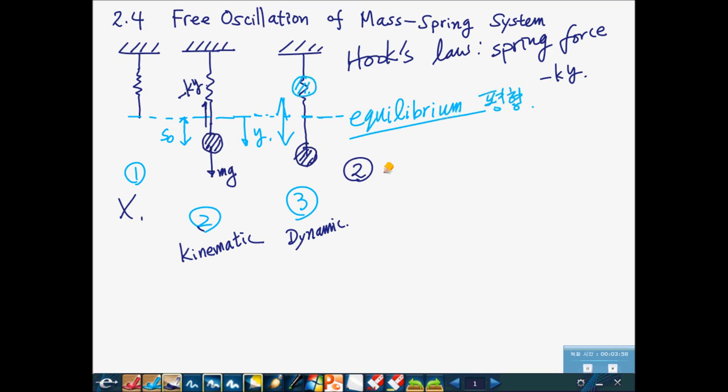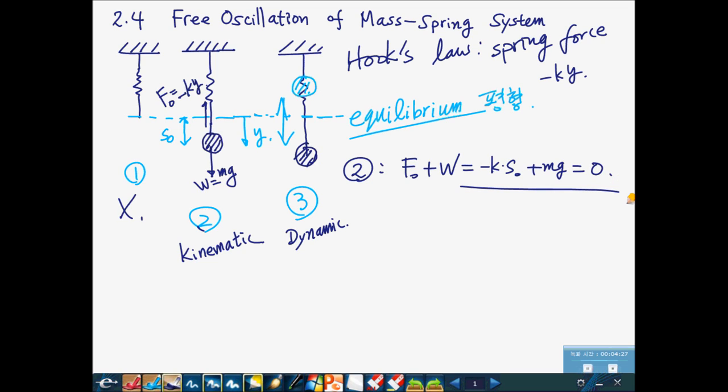Okay? So for the second state, the system is in equilibrium, which is, the spring force F naught is minus ky, let's say. Then F naught plus W, which is weight, mg, okay? W is mg. Then this is minus k times S naught plus mg, which is 0.